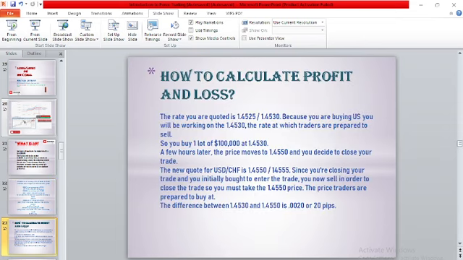The next says how to calculate profit or loss. The rate you are quoted is 1.4525 stroke 1.4530. Because you're not buying US, you will be working with the 1.4530.